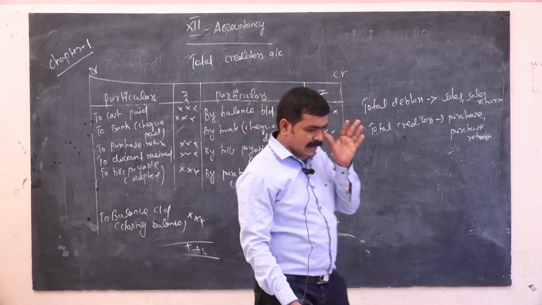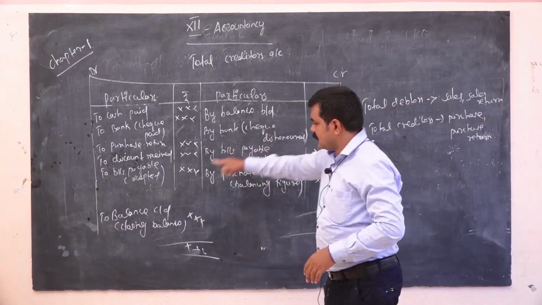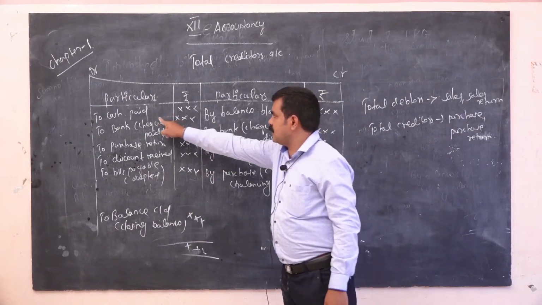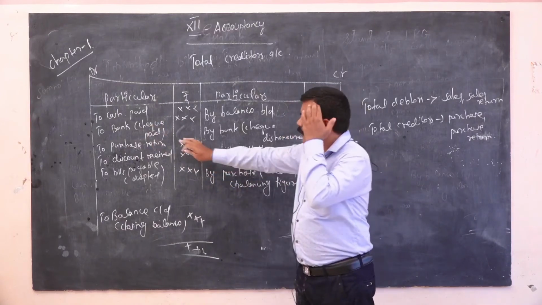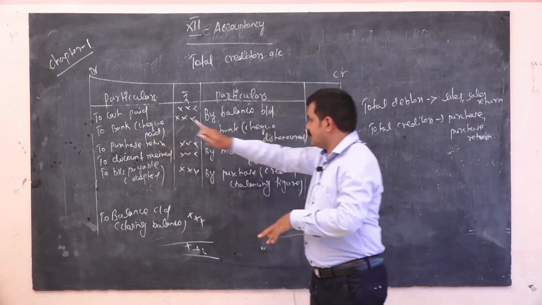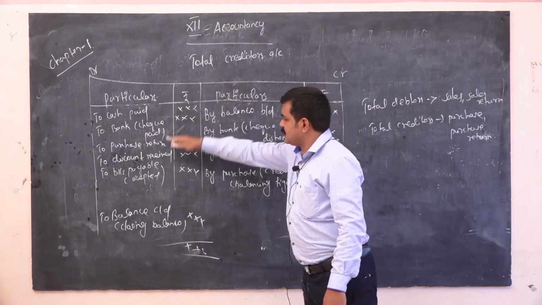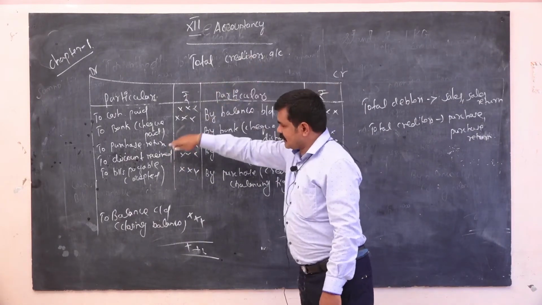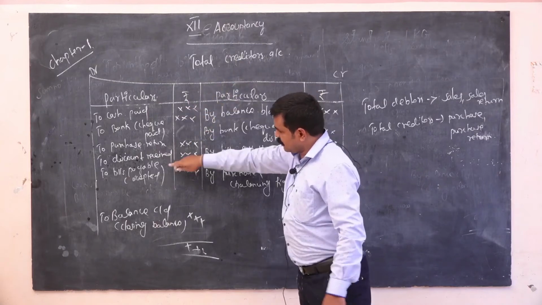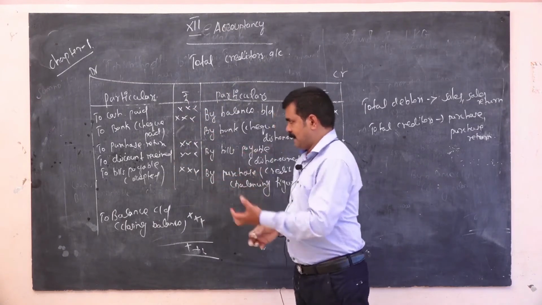I will explain again. First one, opening balance; here closing balance, cash paid to the creditors, and cheque paid to the creditors. Here cheque paid means cheque dishonor. Purchase return means total return, and for total debtors it is sales return. Next one, total creditors means discount received.